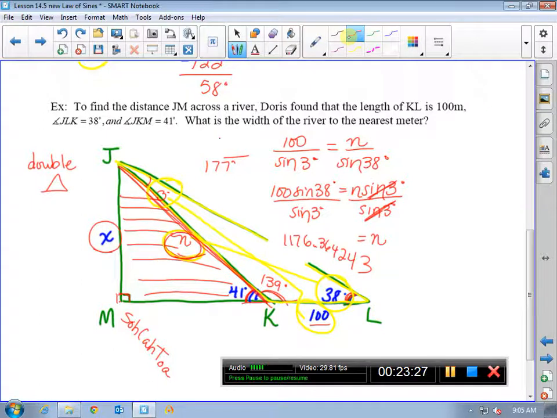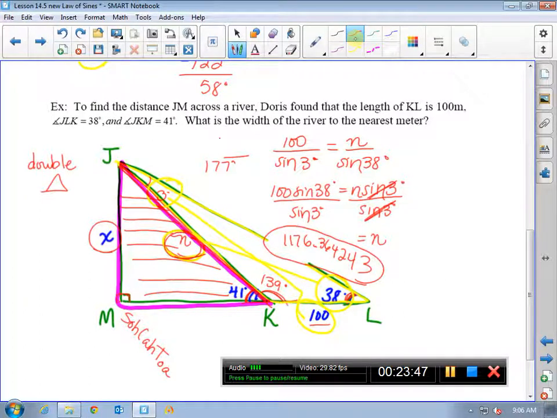So now that I know that side, let me change up my highlighter here. I got a lot going on in this picture. Now I'm going to focus on this triangle, my right triangle. And I know this angle down here is 41. I know that my hypotenuse is 1,176.3642 blah.